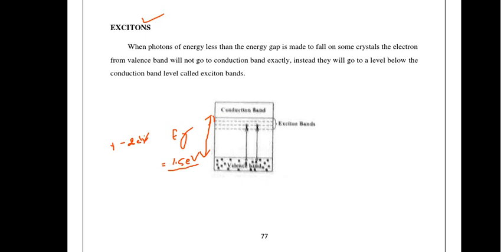When it is less than this energy gap, the electrons won't reach the conduction band exactly. Instead, they stay just below the conduction band level, and these are called exciton bands.